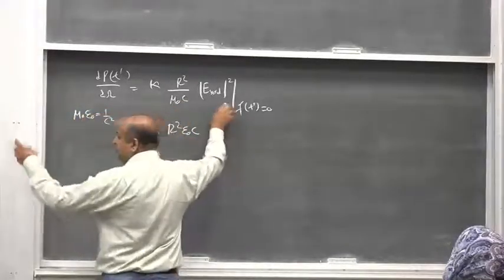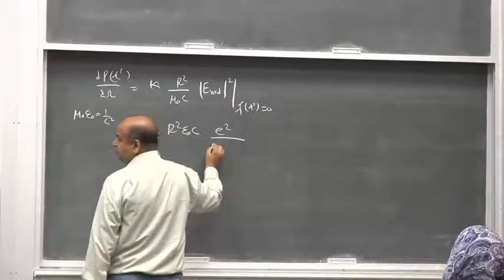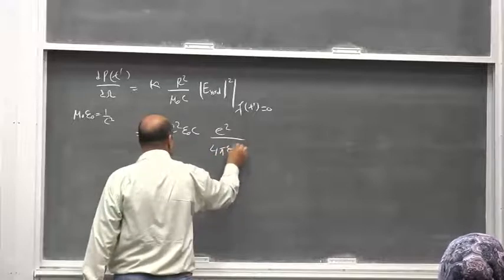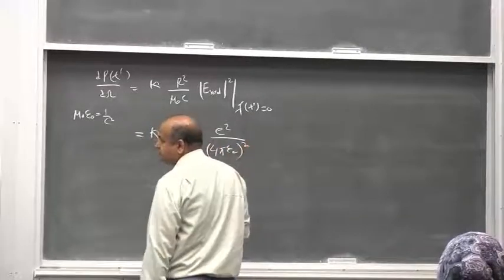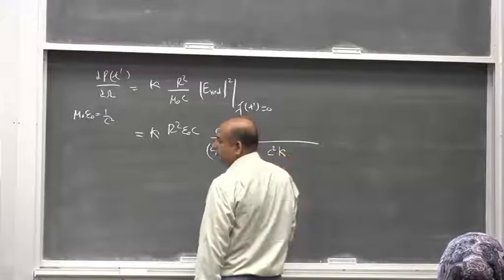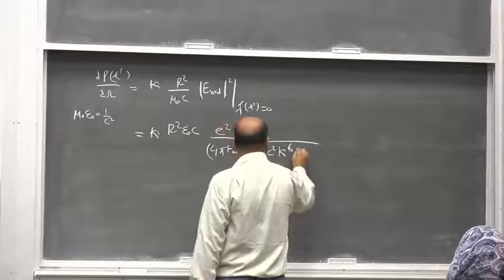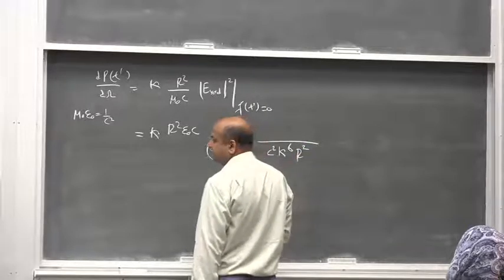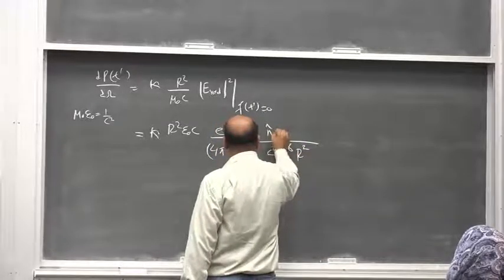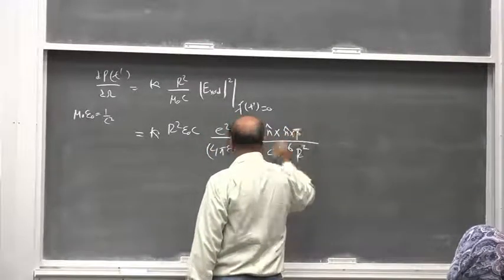So this is now e square over 4 pi epsilon naught square c square kappa 6 r square, n cross, n minus beta, cross beta dot, mod.